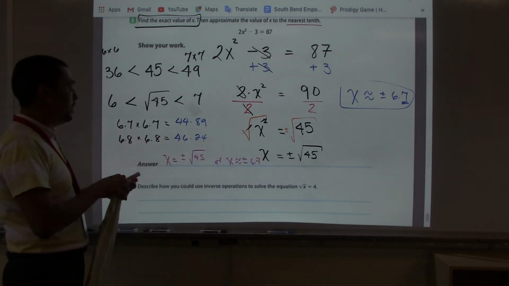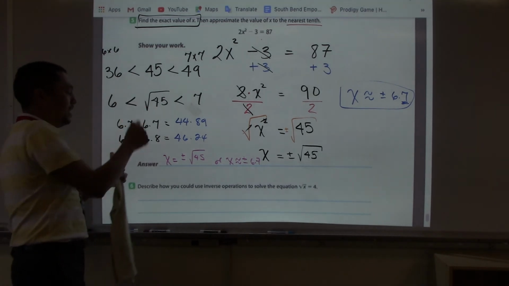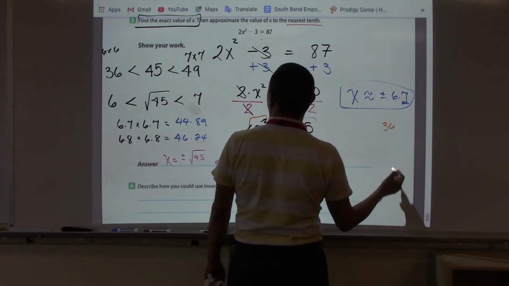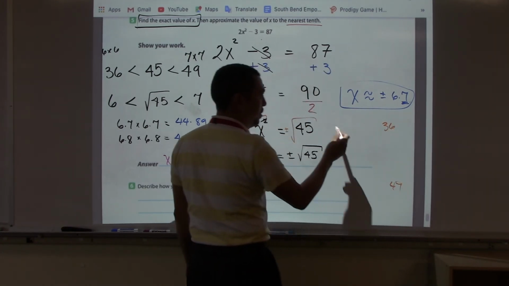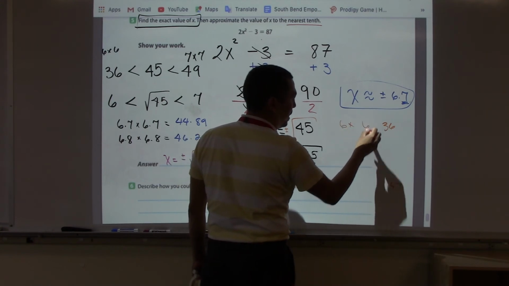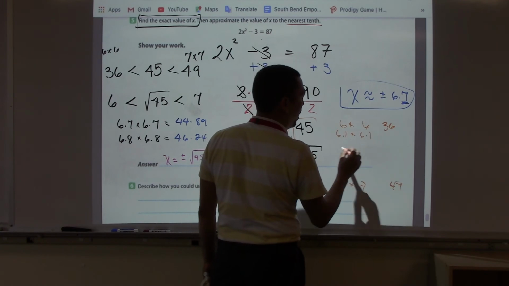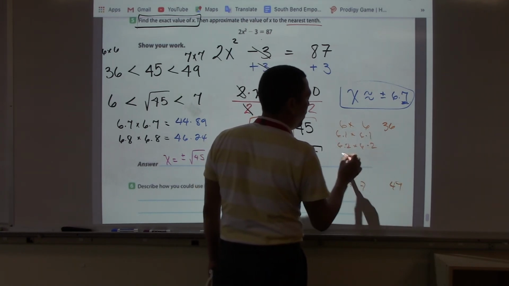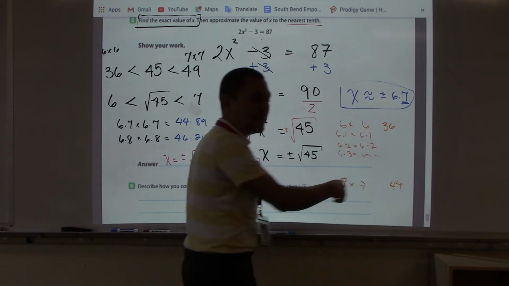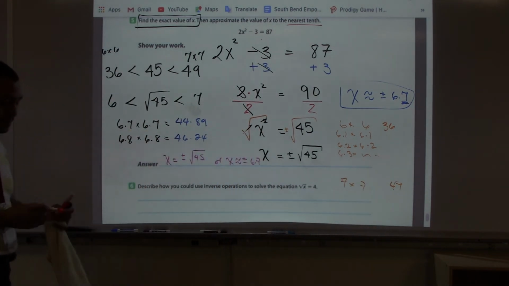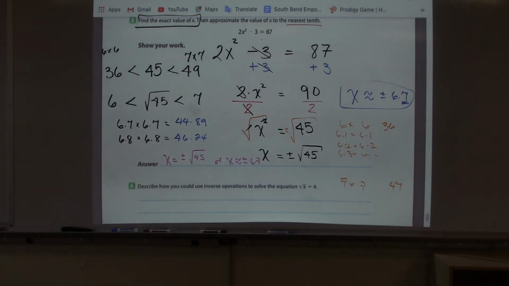Remember, in the classes we've been doing this activity, we have 36 and 49, and we've been multiplying 6 times 6, 7 times 7, and then 6.1 times 6.1, 6.2 times 6.2, 6.3 times 6.3, until we get something close. In this case it is 6.7 and 6.8. So that's problem number 5.